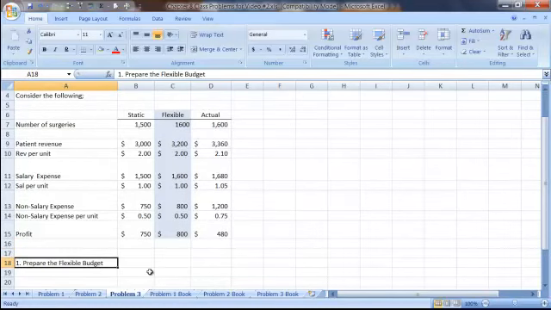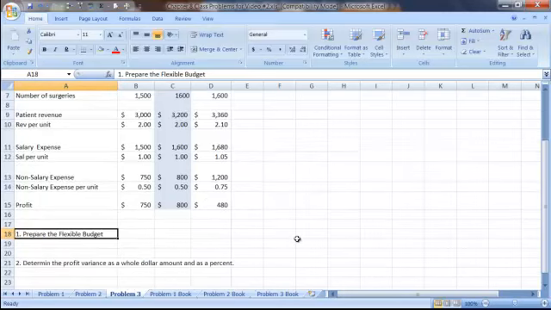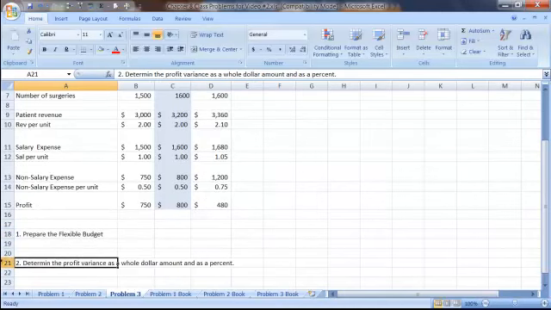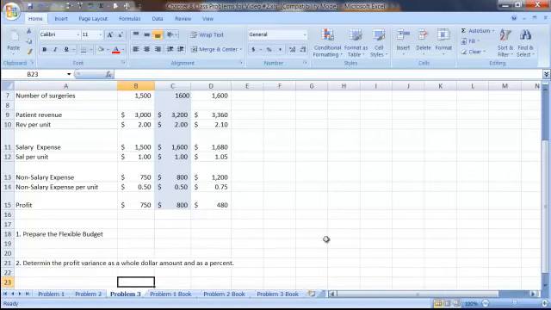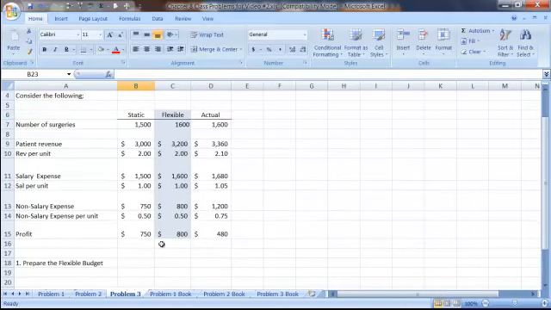Okay? So that answers that, and you need to understand how that was done in order to answer the third problem in the book. Another piece of the book is to determine the profit variance as a whole dollar amount and as a percent. Remember, profit variance is the difference between what we thought we were doing and what we got. First thing you always do is determine whether it was favorable or unfavorable.